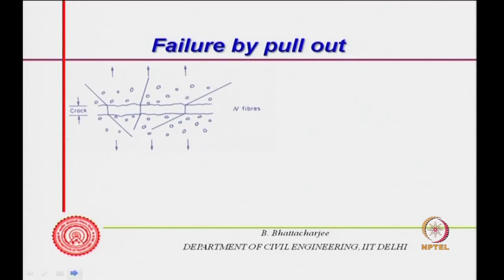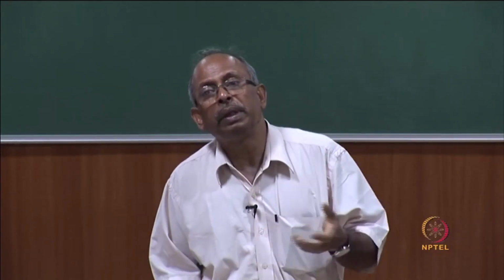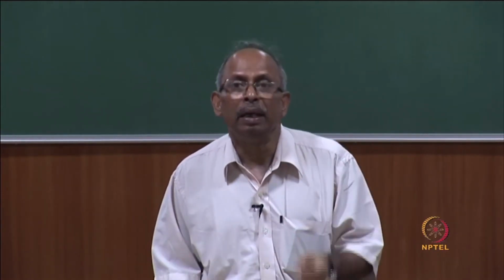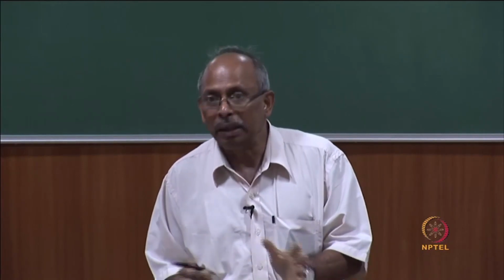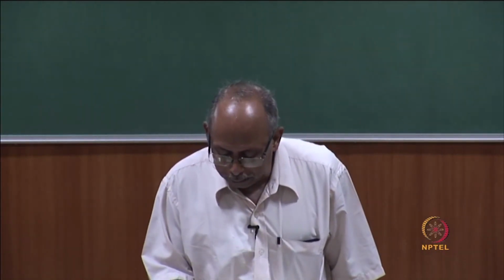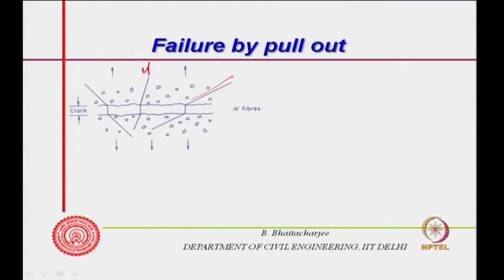So, I said that short fibers usually fail by pull out, because the fibers are strong. Before they can snap, for which we have given the formula earlier, nu L nu 0 into sigma f u b f, but that rarely occurs, instead they pull out. And if they pull out, supposing there is a crack, this is the direction of the load, and this is the crack. So, this is the n number of fibers. Just now we have shown the effective number of fibers in the direction of the load.